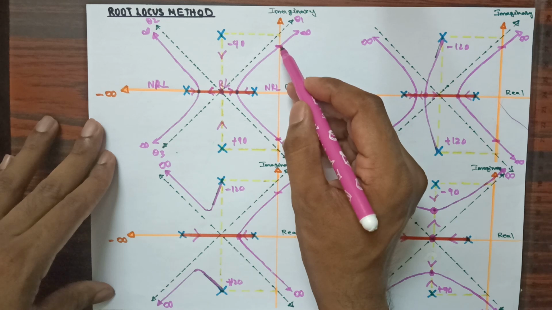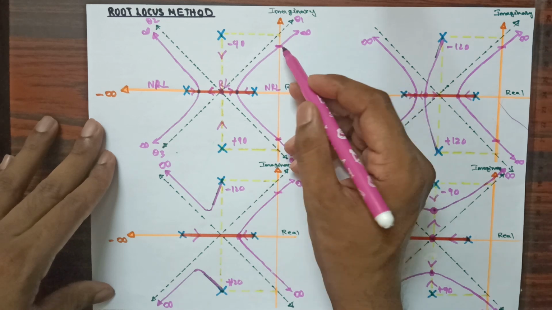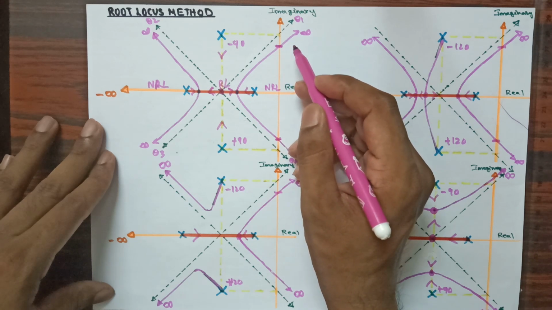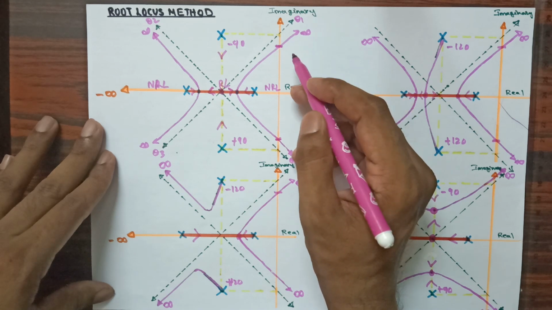So as we know the procedure, we have solved in the previous method in the stability analysis the k marginal value, and for that k marginal value we have calculated s equal to plus or minus j omega, that is the frequency of sustained oscillations we have calculated.